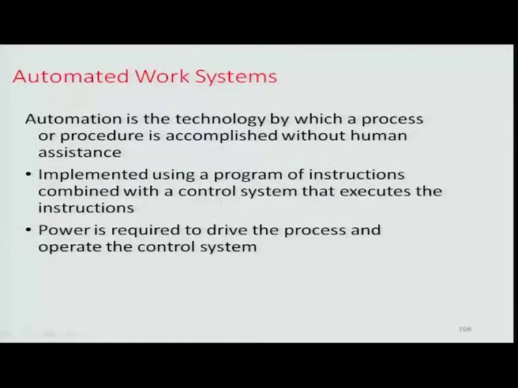So now I think we'll focus a little more on automated work systems and what we mean by this terminology. So far we have looked at manual systems and manual or machine work systems, but we have not really looked at cases where everything is controlled by a set of robots or a set of machines on the line.